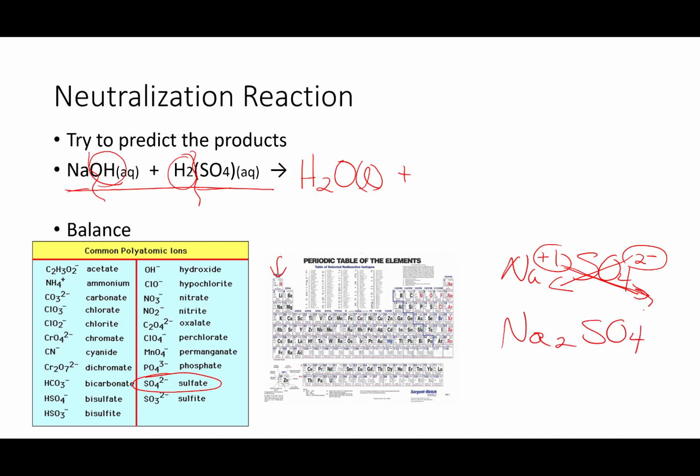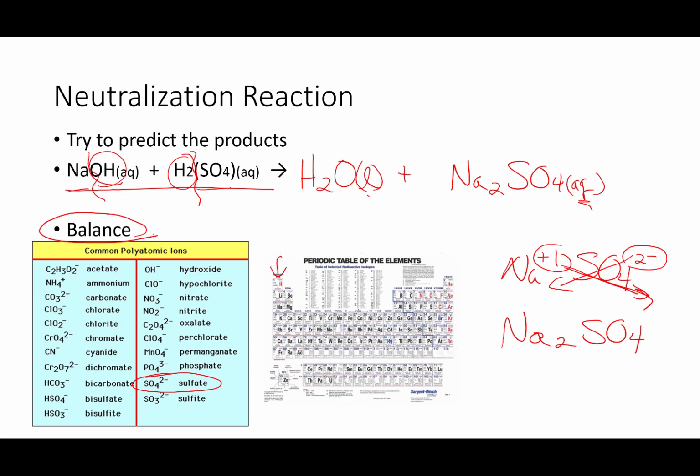The 1 comes down, we don't write ones, and we do not have to put parentheses around single polyatomics. So we're going to end up with Na2SO4, and acid-base reactions typically are going to occur in a water solution, so it is aqueous. So this is our acid-base reaction.